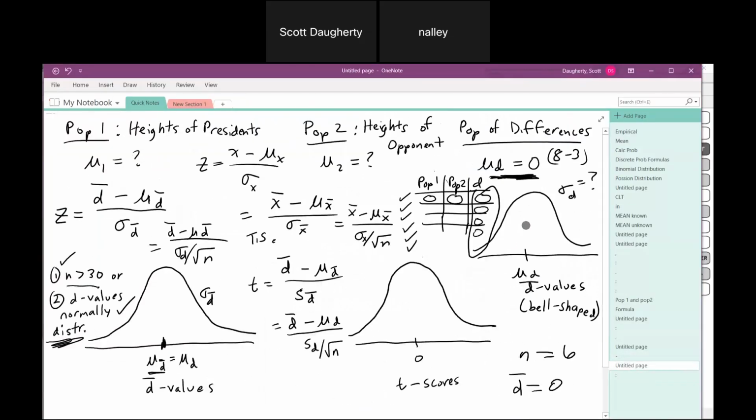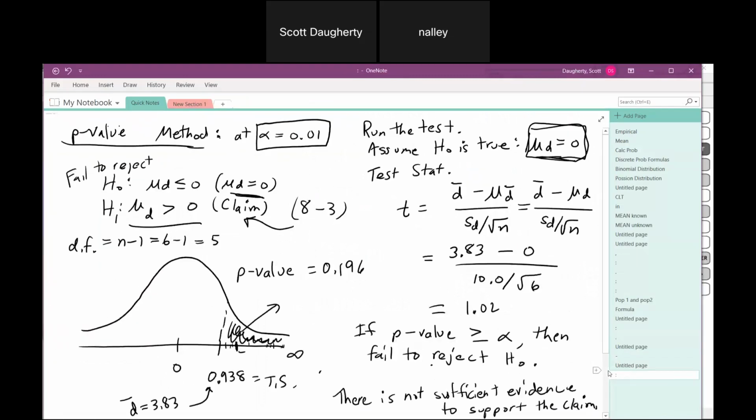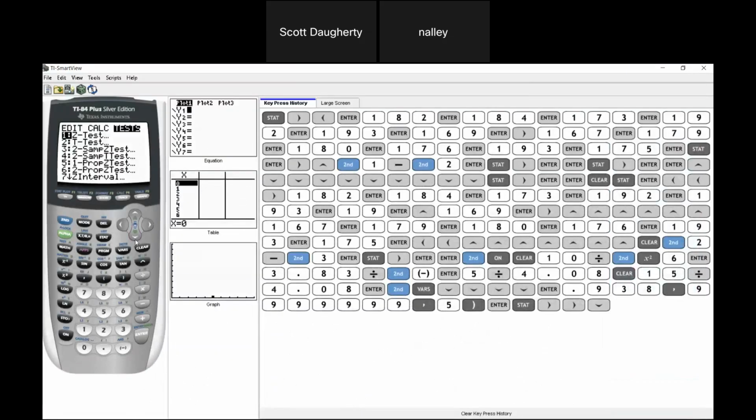So if you happen to know sigma sub d here, it would be a z-test. That's not very realistic, as we mentioned before. We don't know sigma sub d, so we have to substitute s sub d, the sample standard deviation, and that's why it becomes a t-distribution, so it's a t-test in those cases. And this is the realistic case.